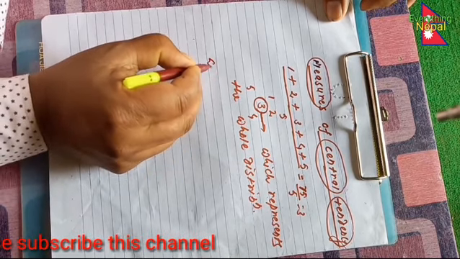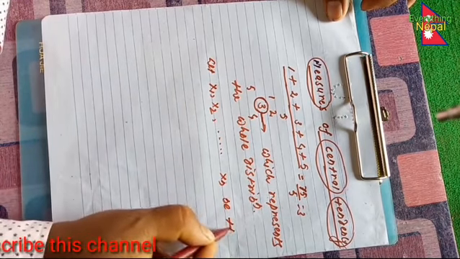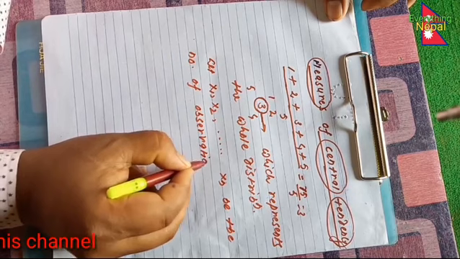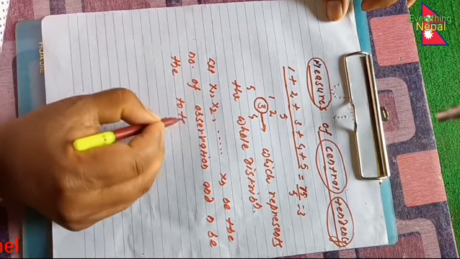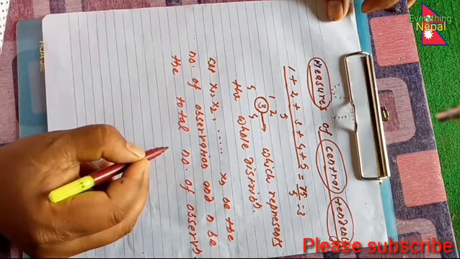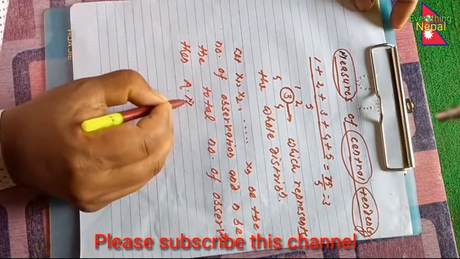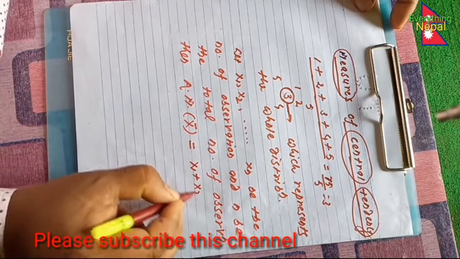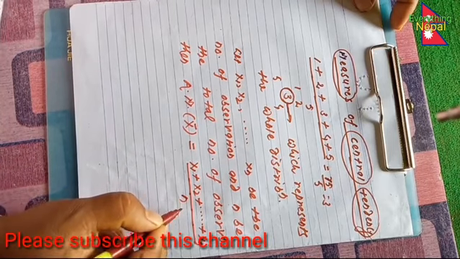That is, let x1, x2, ..., xn be the observations and n be the total number of observations, then AM, denoted by x bar, is given as x1 plus x2 plus dot dot dot plus xn divided by the total number of observations, that is n.